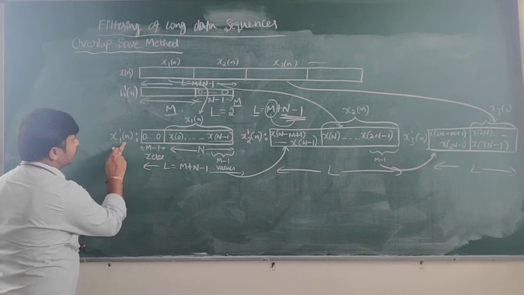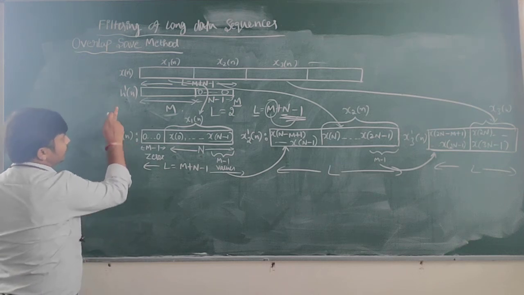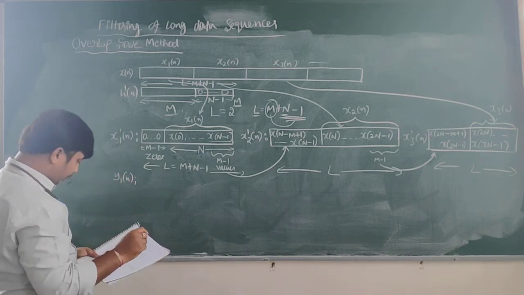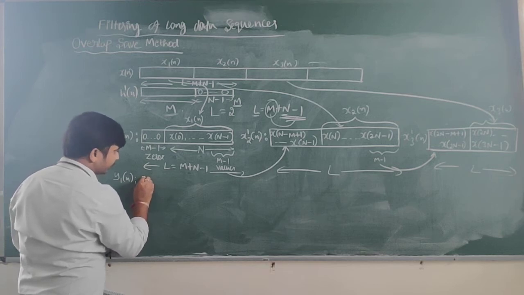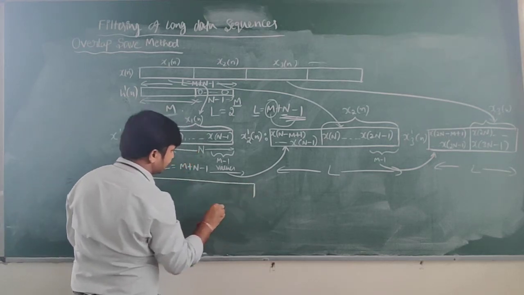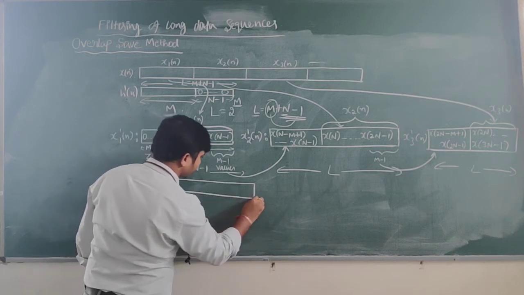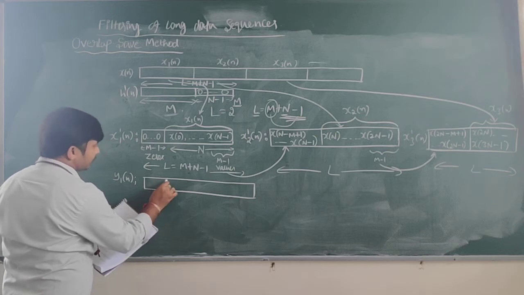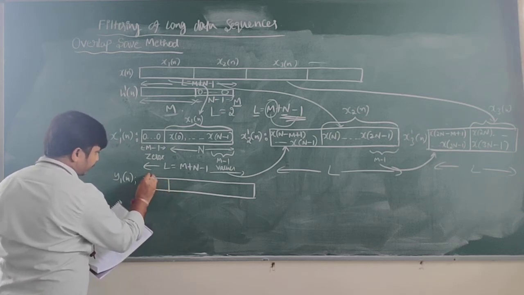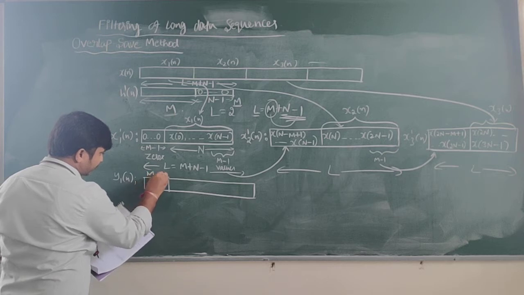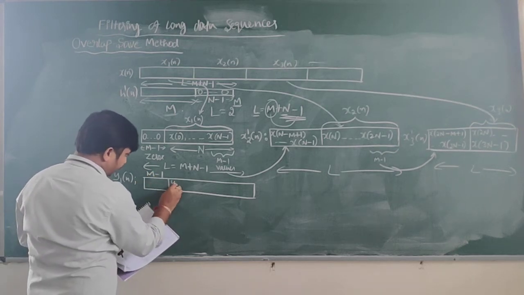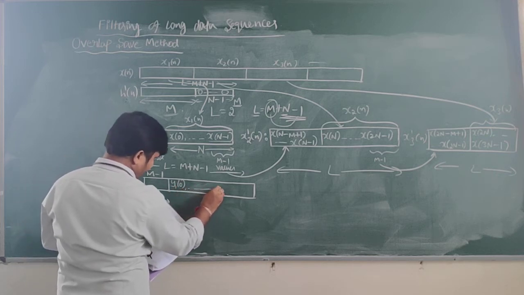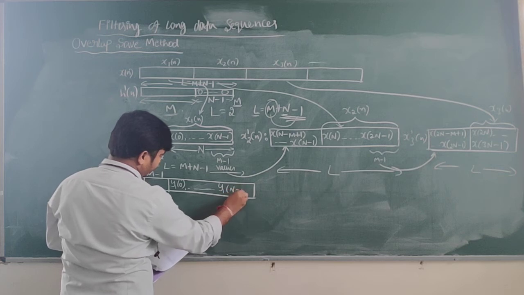The convolution between x1 dash of n and h dash of n gives us y1 of n. y1 of n will consist of the first m minus 1 entries, and the next sequence is given by y1 of 0 so on up to y1 of n minus 1.